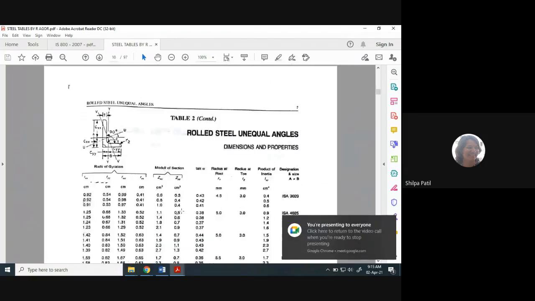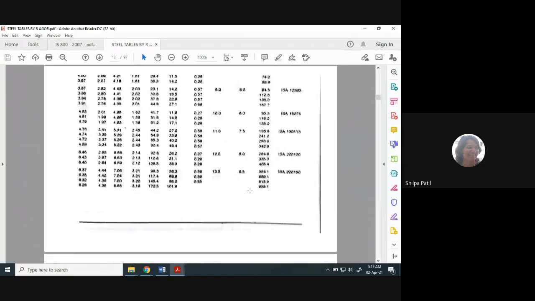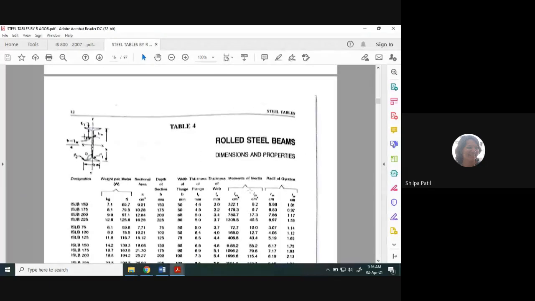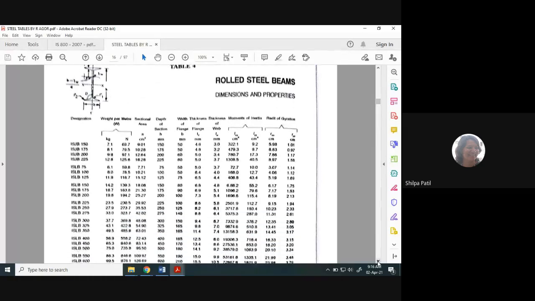So in the steel table, you open the pages where the properties of I sections are given, and you find a section whose area is greater than the required one. Now the required area is 5000 mm square, that is 50 centimeter square. So find a section having area greater than 50 centimeter square.